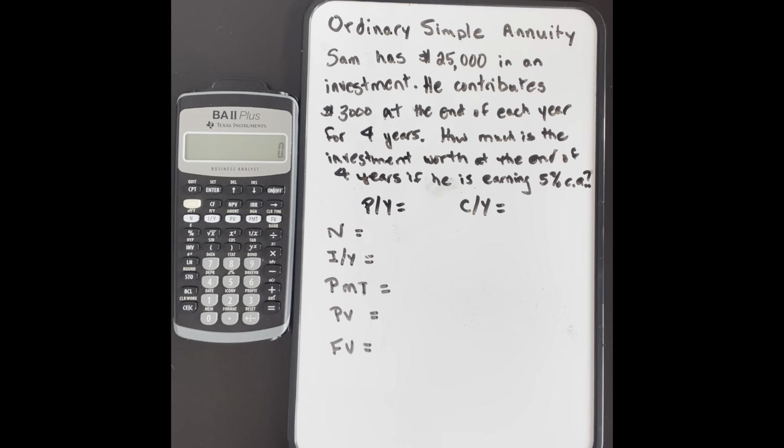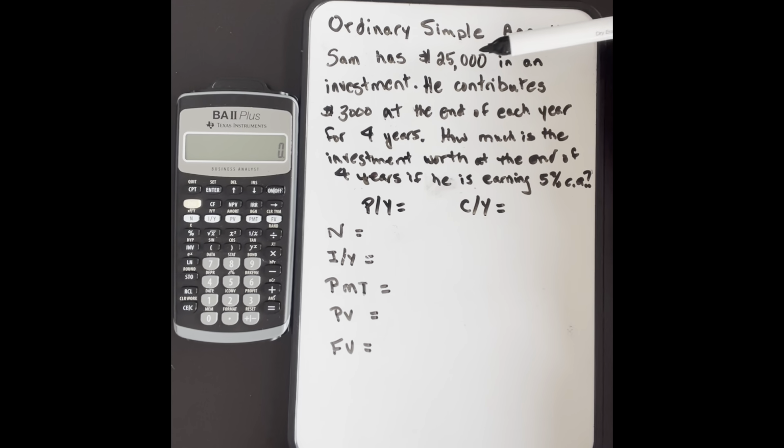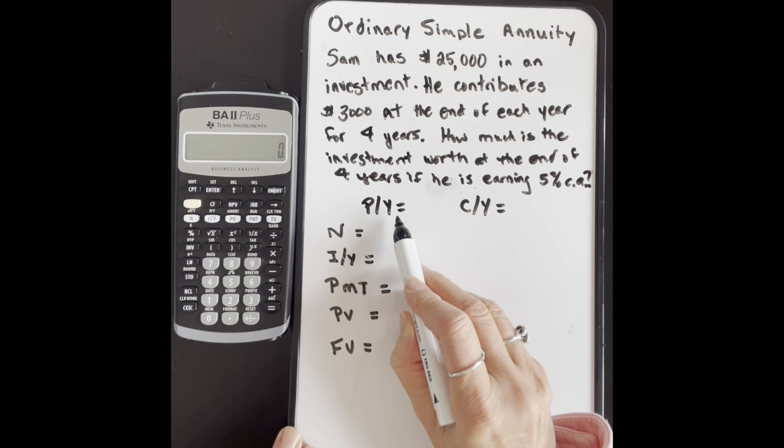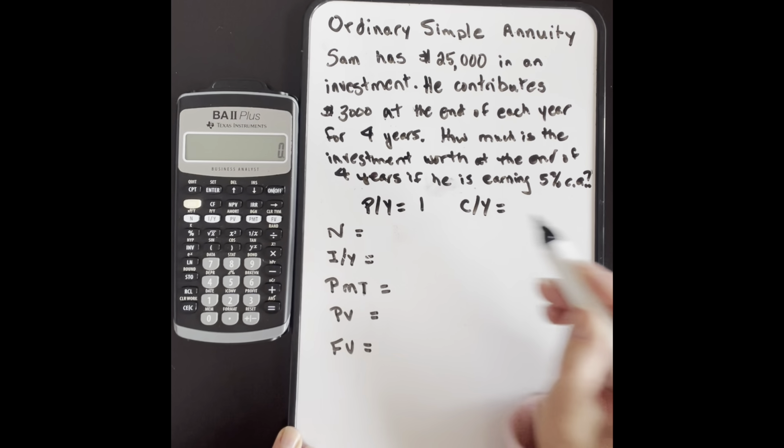Sam has $25,000 in an investment. He contributes $3,000 at the end of each year for 4 years. How much is the investment worth at the end of 4 years if he is earning 5% compounded annually? So in this example, we have a present value of $25,000 as well as payments, and we want to know future value. Let's start with payments per year. It's 1 per year.